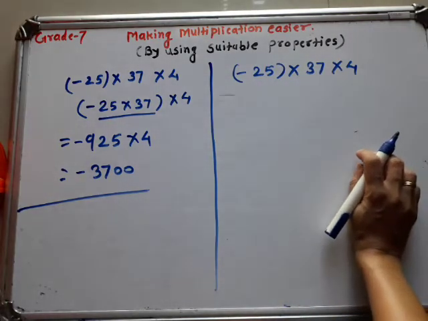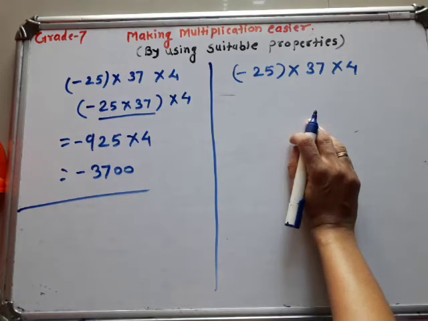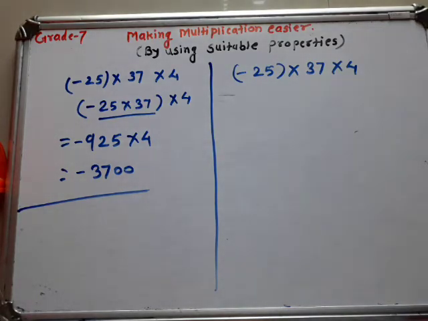How to solve this question? Here we first use commutativity for multiplication, meaning the order property. We first change the order of the numbers. Okay, commutativity of multiplication.